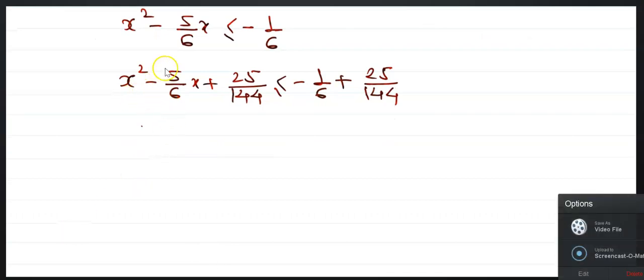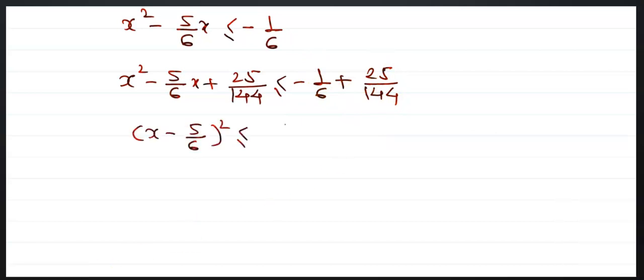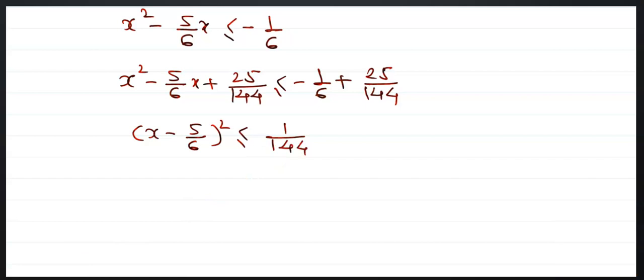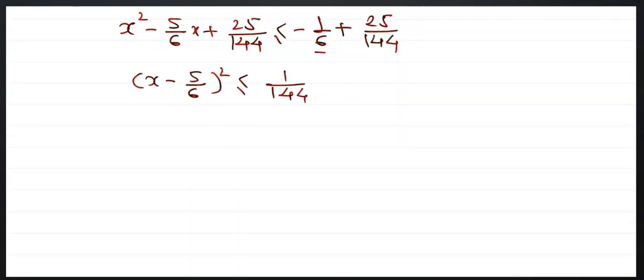That is x square minus 5x upon 6 plus 25 upon 144 less than or equal to minus 1 upon 6 plus 25 upon 144. Therefore, you will get x minus 5 upon 6 bracket square less than or equal to 1 upon 144.